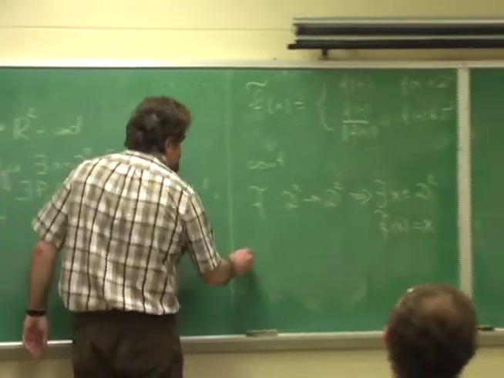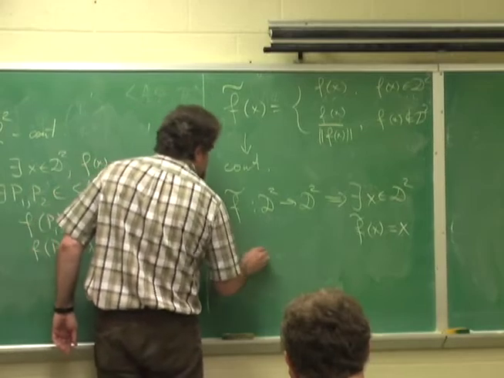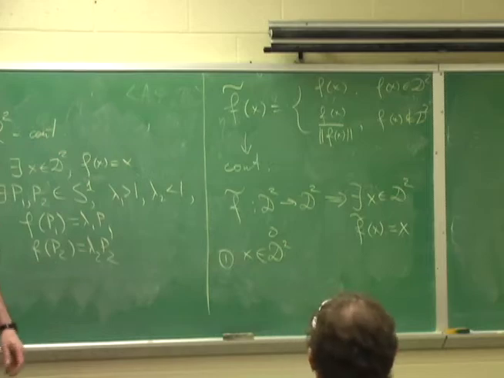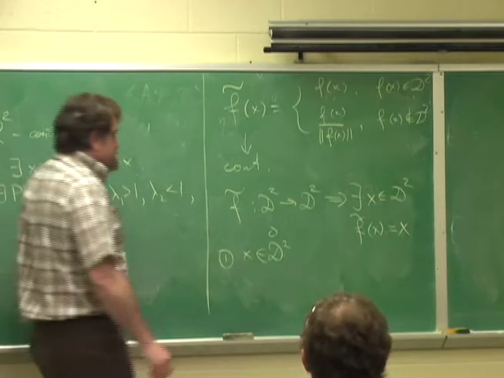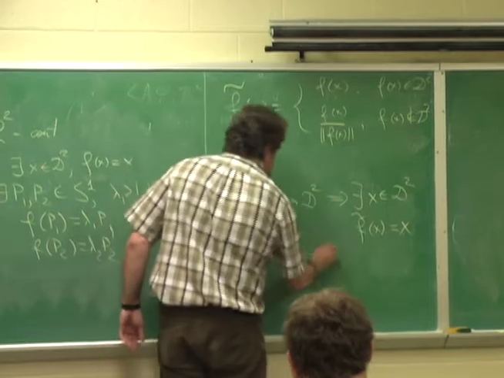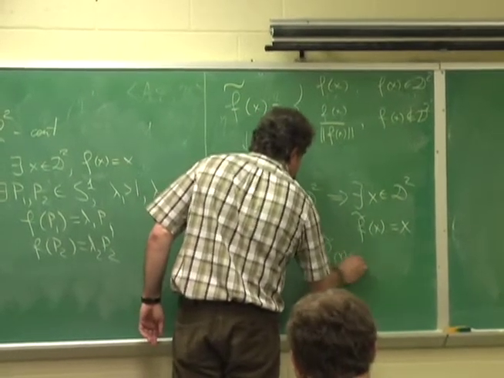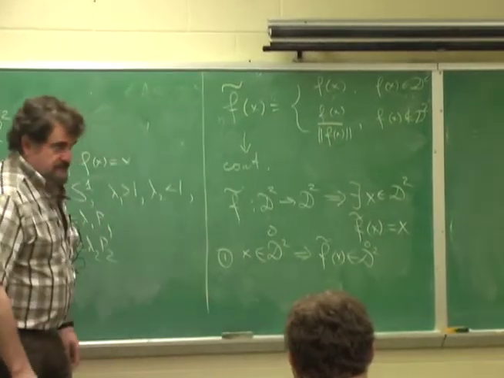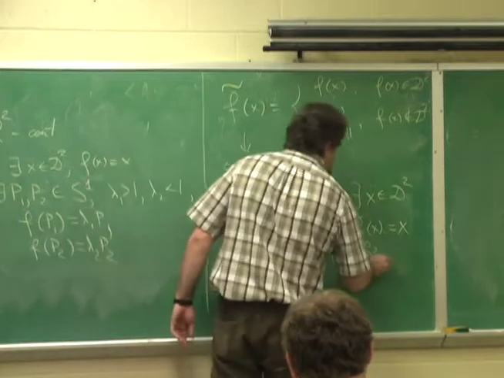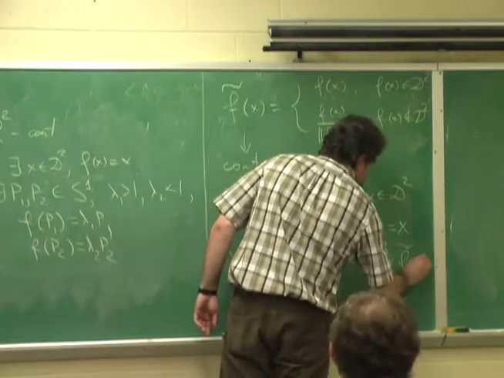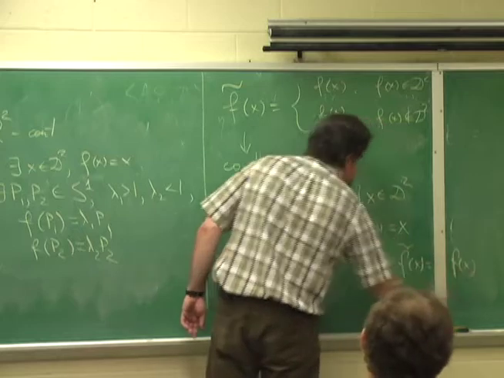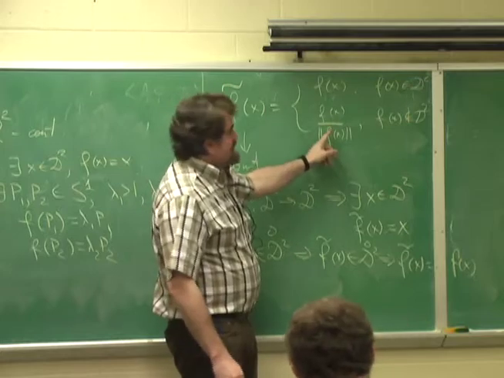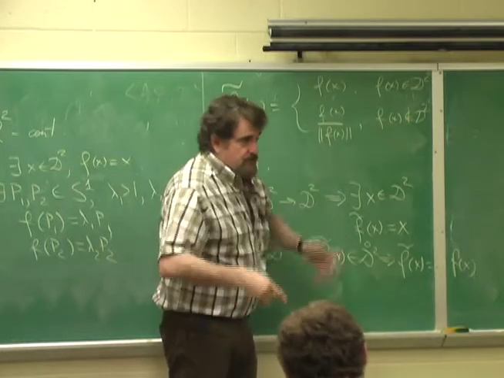I have to consider two conditions. First, x is in D2, inside the disk. Then f tilde of x, which is x, is also inside the disk. And therefore f tilde of x equals f of x. Because if f tilde of x is not f of x, then f tilde of x is on the boundary of the disk.